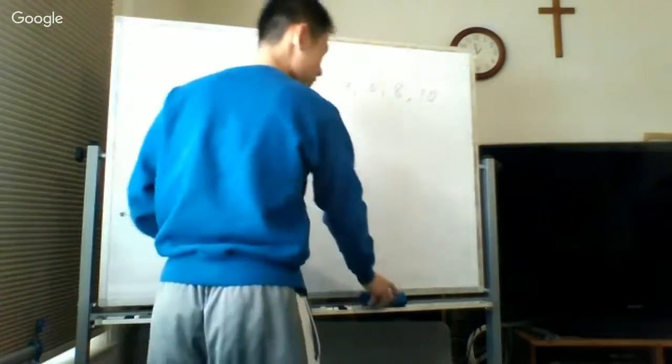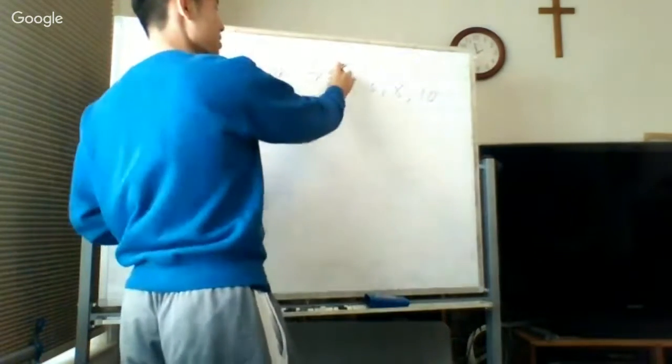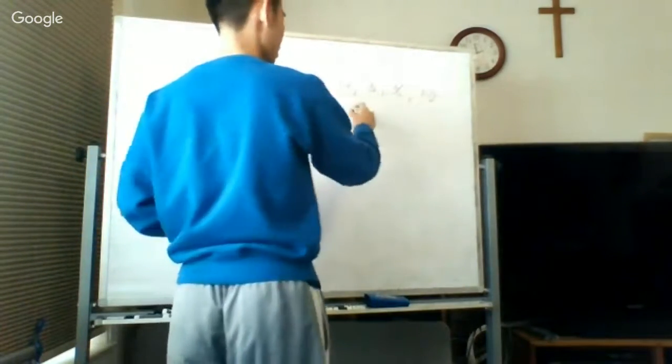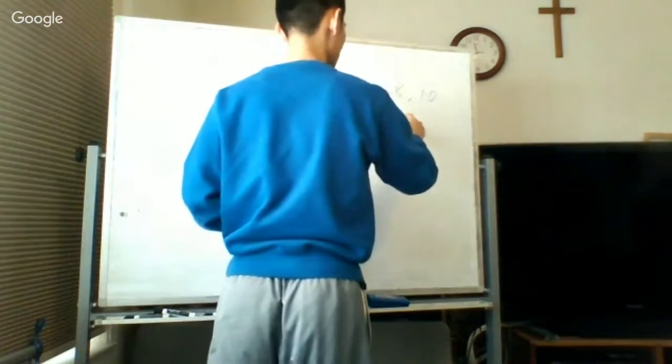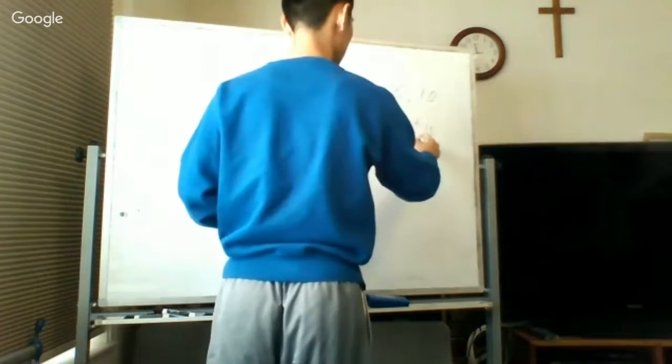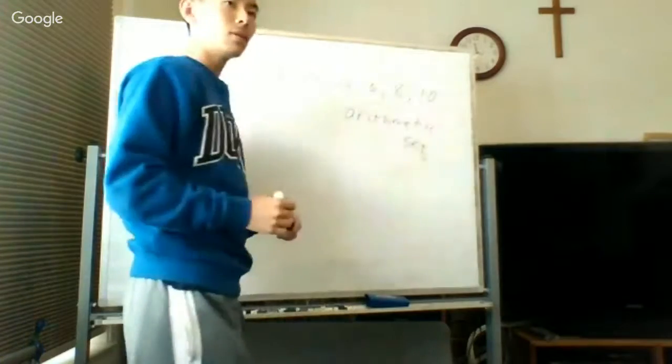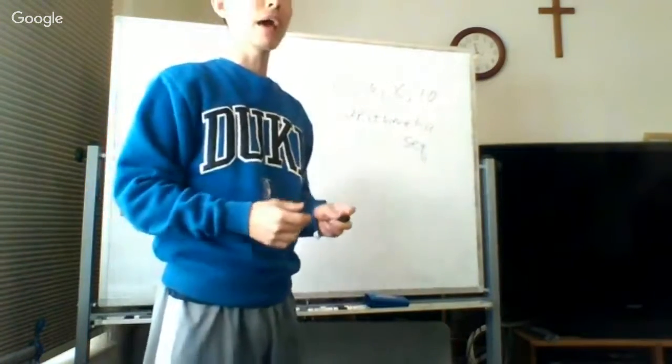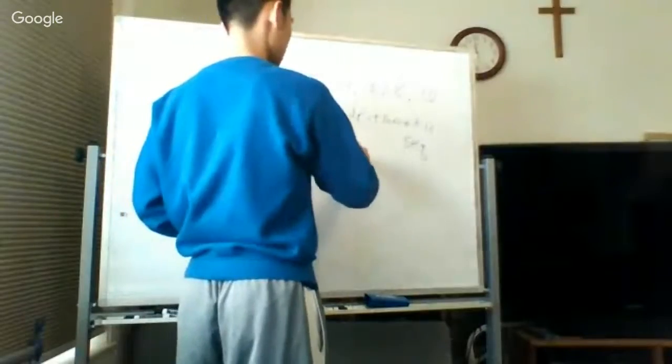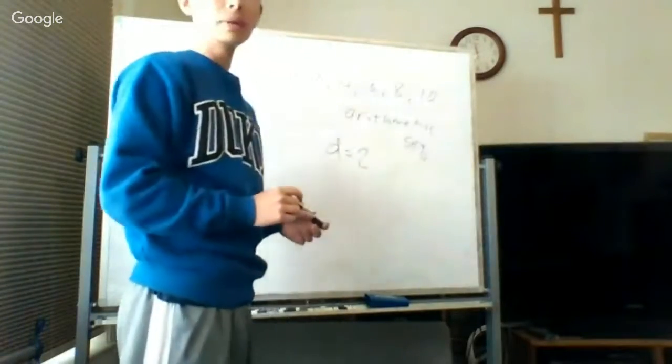The second one was different. If you just add the same number to every single term, that is an arithmetic sequence. The number that we add every single time is what we call the common difference. Usually we use the letter D for that. So in here, D equals 2. The common difference is 2.